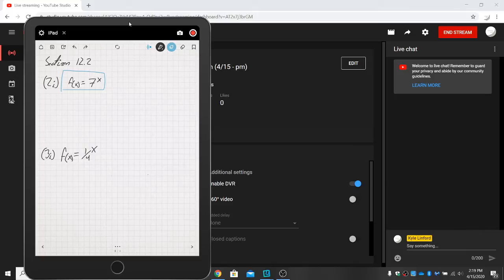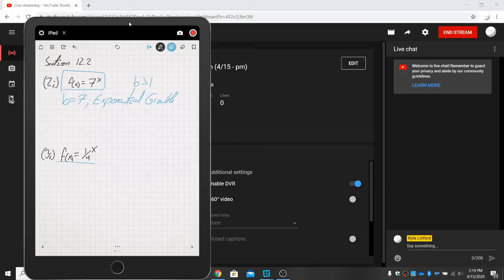Because b here is 7, I know that this is exponential growth. We're going to be increasing because we said in our video, if this b is greater than 1, you're going to be increasing. You're going to have exponential growth.